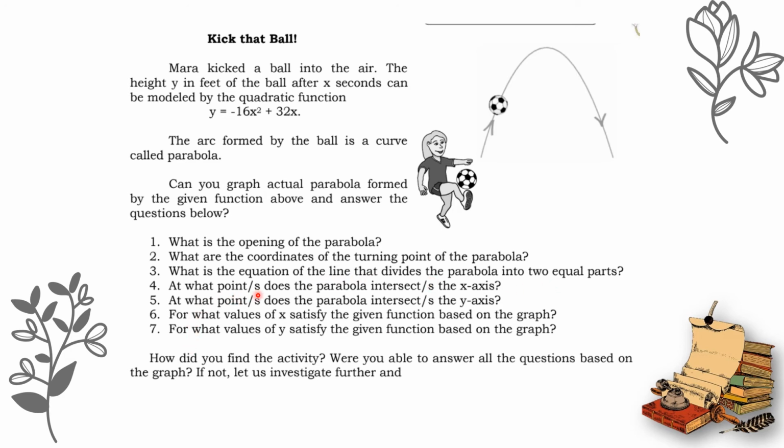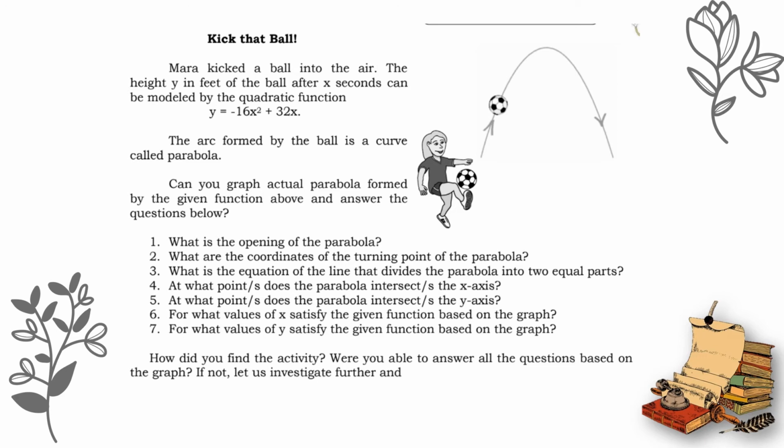At what point or points does the parabola intersect the x-axis? At what point or points does the parabola intersect the y-axis? For what values of x satisfy the given function based on the graph? And for what values of y satisfy the given function based on the graph?